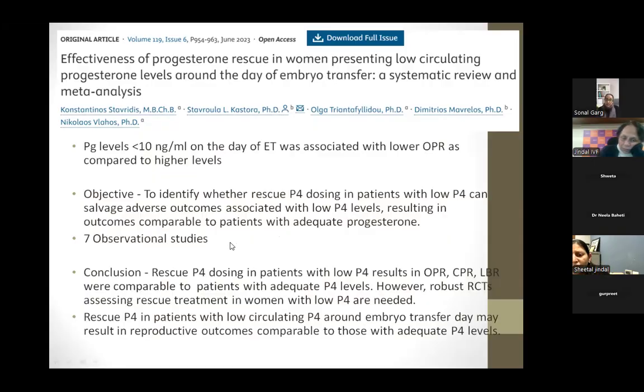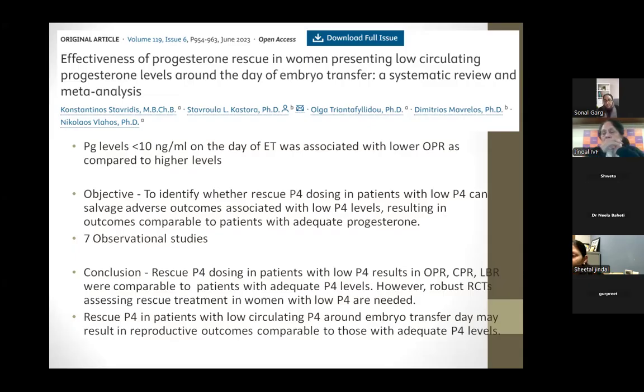In patients in whom serum progesterone levels one day prior to ET were lower than 10, they added rescue progesterone in the form of subcutaneous progesterone, or whichever route of rescue progesterone was used.